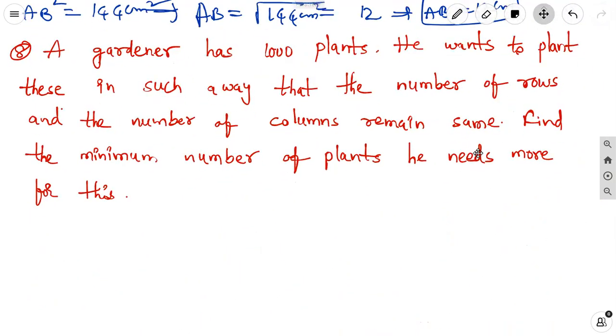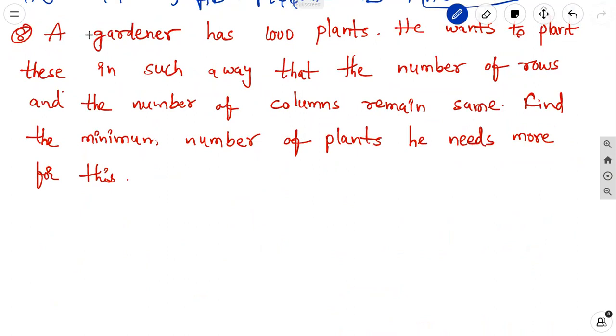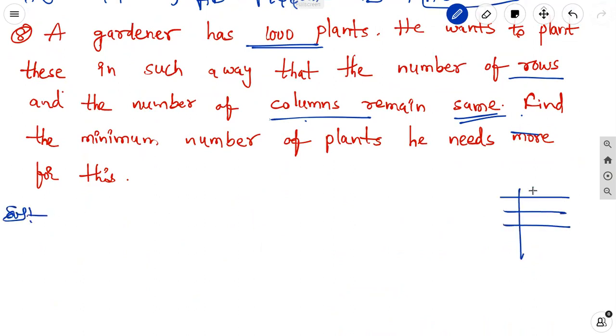Eighth problem. A gardener has 1,000 plants. He wants to plant these in such a way that the number of rows and the number of columns remain the same. Find the minimum number of plants he needs more for this. Somewhat less are there. Here, first, they are making rows and columns.